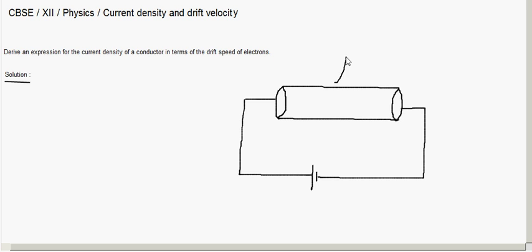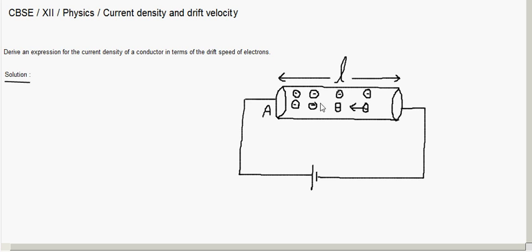So let the length be L and the area of cross section of this conductor be A. So we'll have electrons with drift velocity Vd. The electrons will flow in this direction.